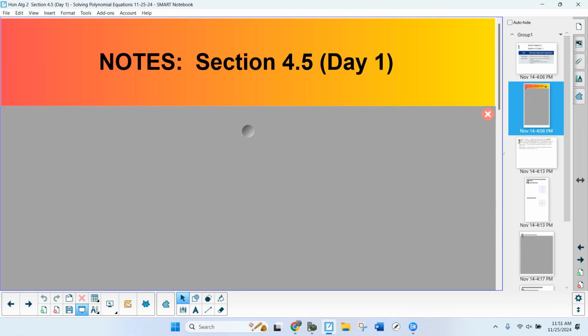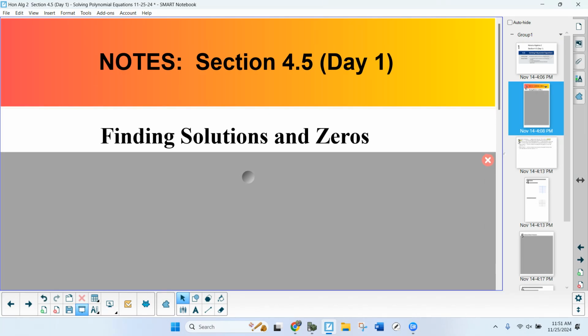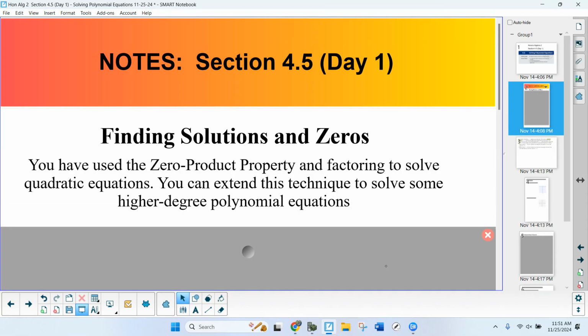Okay, section 4.5: finding solutions and zeros. Do you guys remember the zero product property? If I have A times B equal to 0, what can you tell me about one of them?